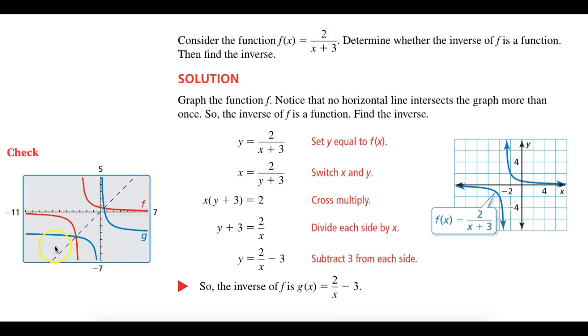Very simple. When you go ahead and graph it, this red one is our graph of 2 over x minus 3, and you'll see it is the reflection if we flip it over our line, y equals x. So it's just a reflection over the line y equals x. So very basic on this.